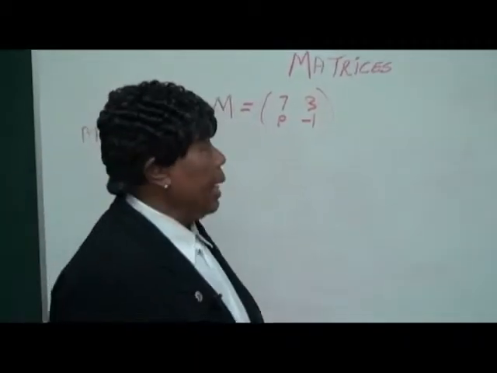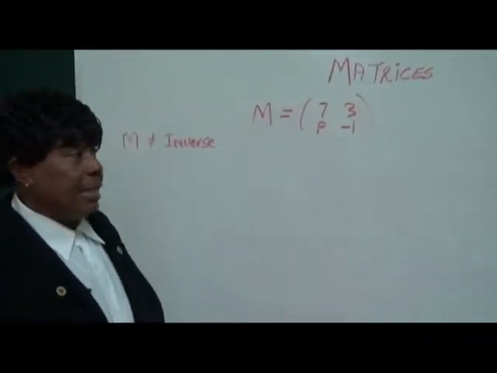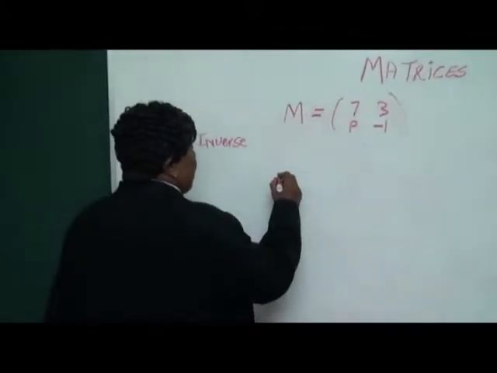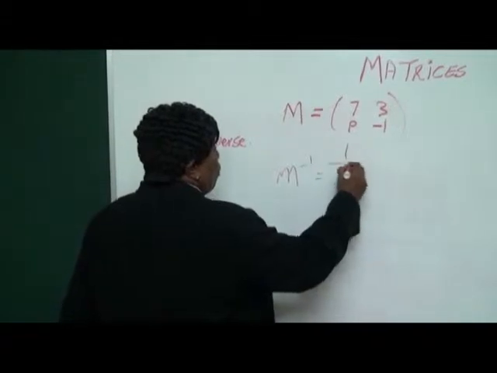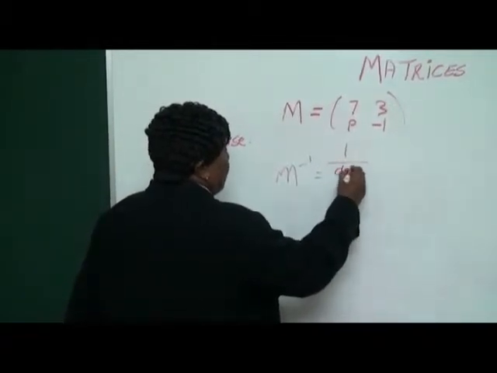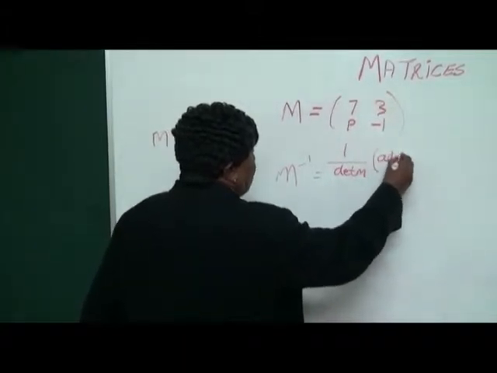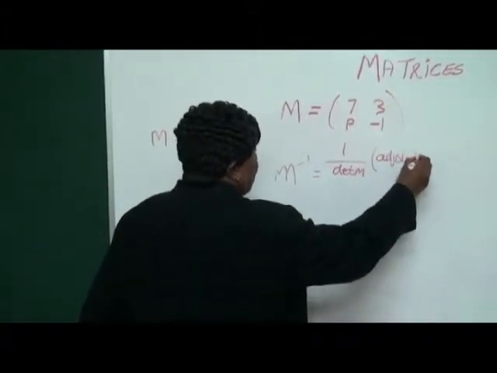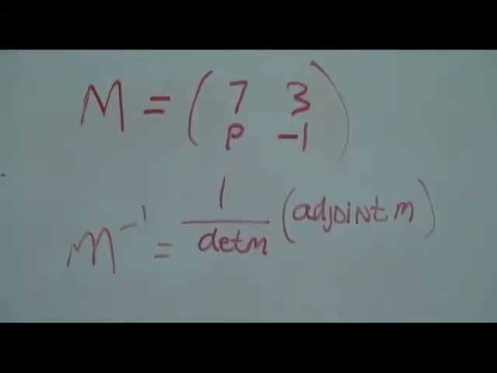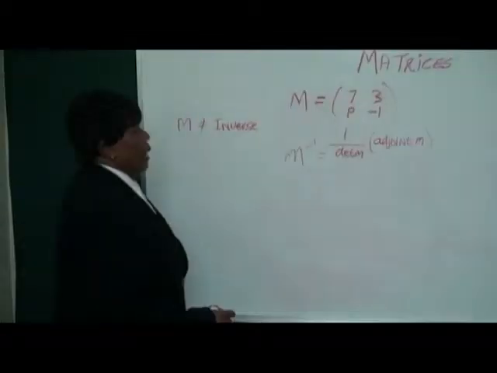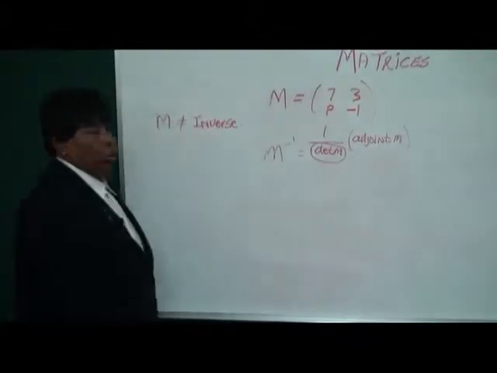Our first thing would be to tell you that you have your formula that says the inverse, M inverse, is equal to 1 over the determinant of M times the adjoint of M. It does not have an inverse if the determinant of M is equal to 0.